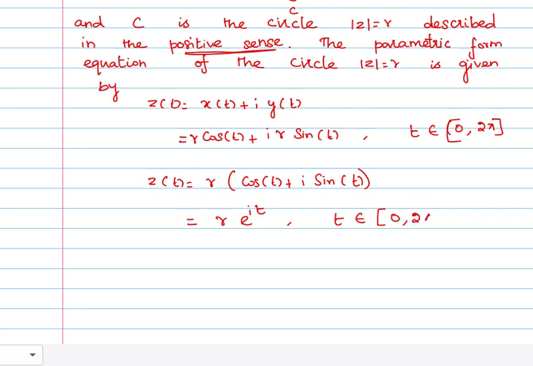Now I want to integrate over this curve. The integral over C of f of z dz equals the integral from a to b of f of z of t times z prime of t dt. This is from the definition.